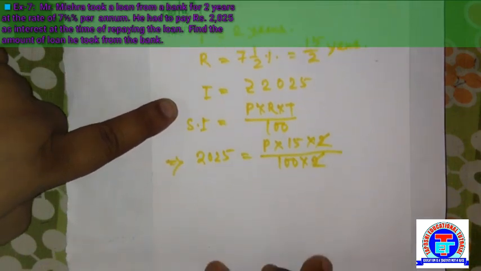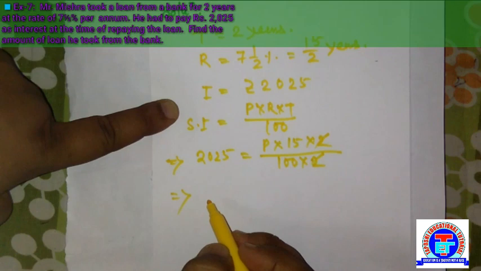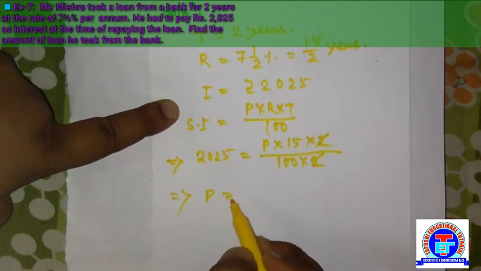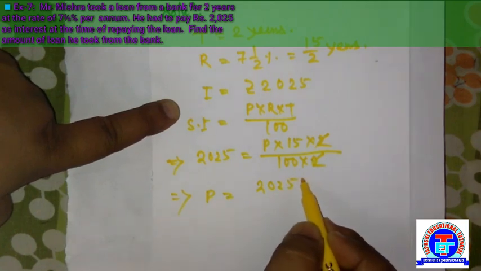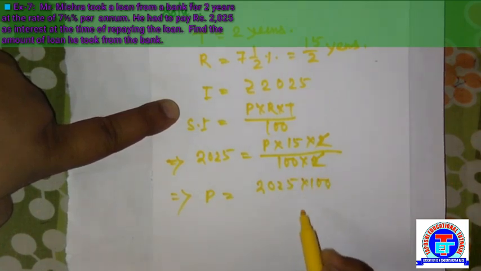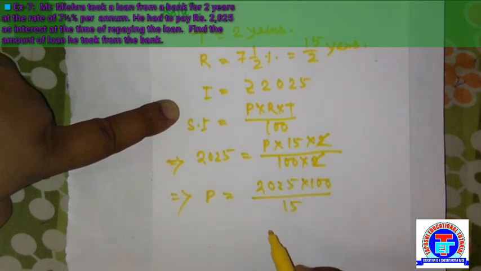Now we write P is equal to 2025 into 100 divided by 15.